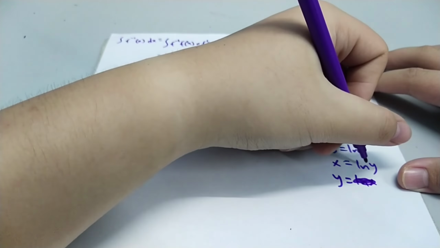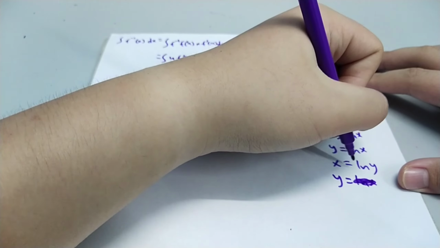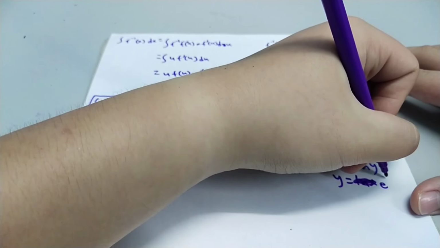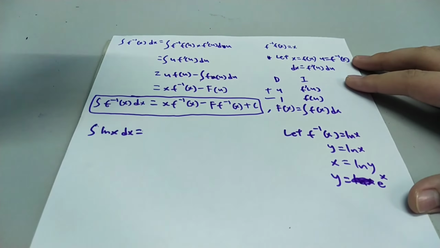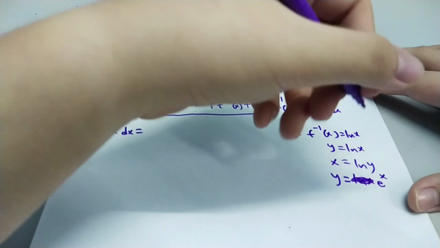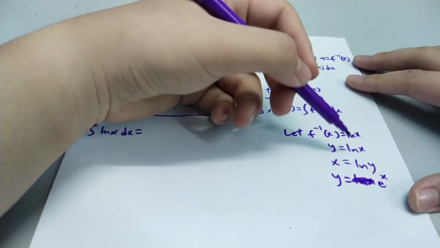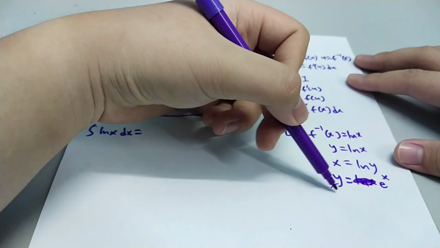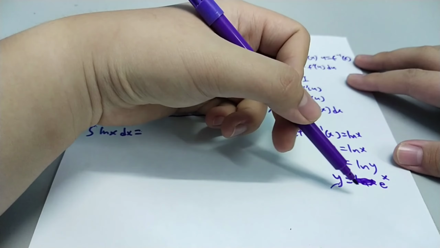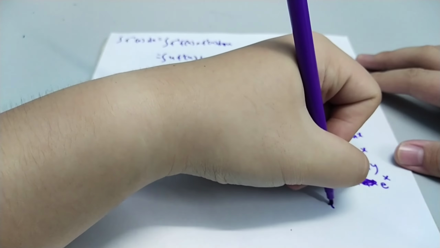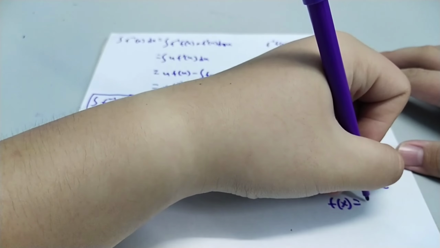Because it's natural log, when we need to go to the other side, we will have the exponential, which is e or Euler's number as the base. And then now because we already switched variables, the y that we are referring to now is f of x.